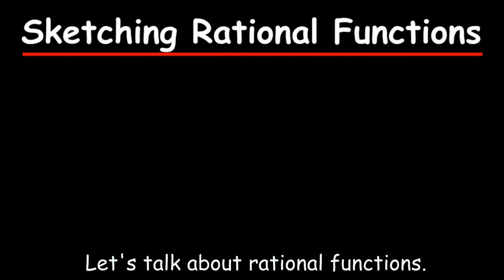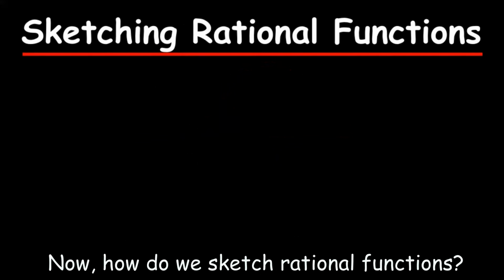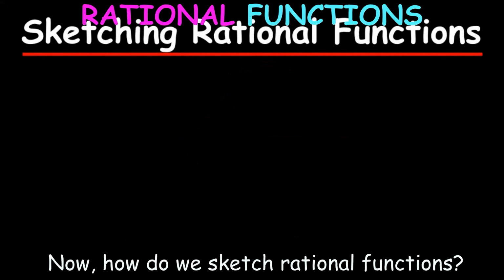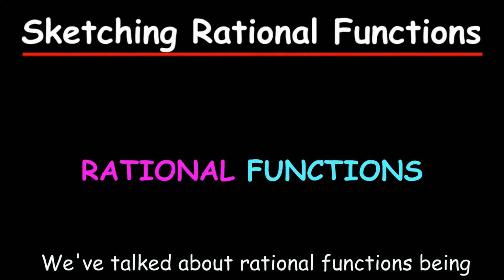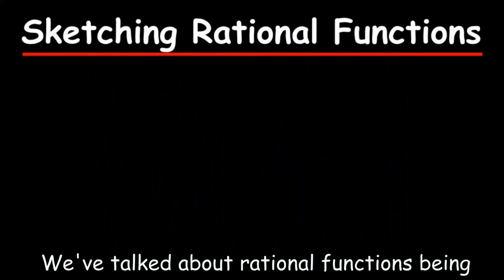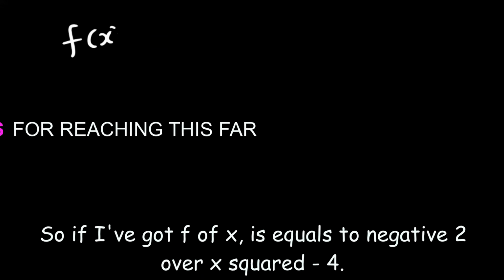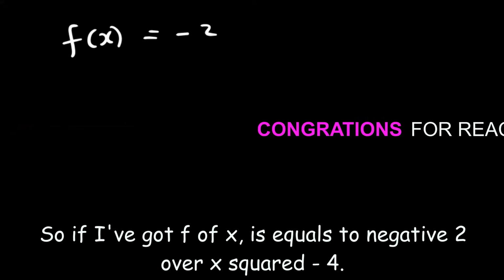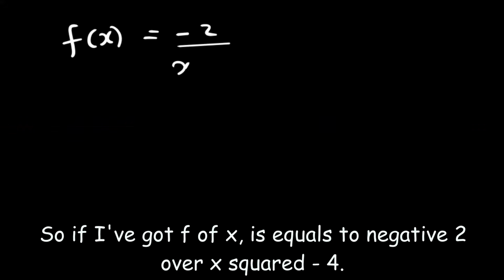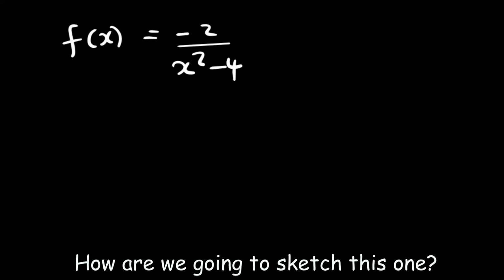Let's talk about rational functions. Now, how do we sketch rational functions? We've talked about rational functions being fractions. So if I've got f of x is equals to negative 2 over x squared minus 4, how are we going to sketch this one?